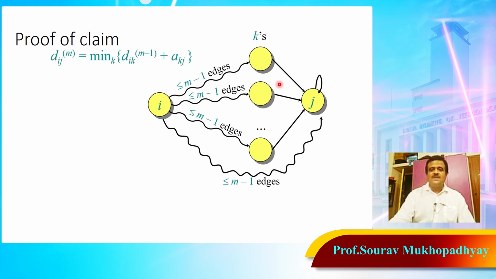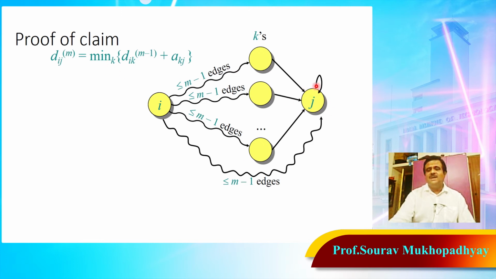So, we consider the weight of all such paths. This weight is Dik m minus 1 plus this direct edge Akj, which is Wkj, that is nothing but Akj. This is the weight from i to j if we follow this path, and among these we take the minimum. This k could be j also.